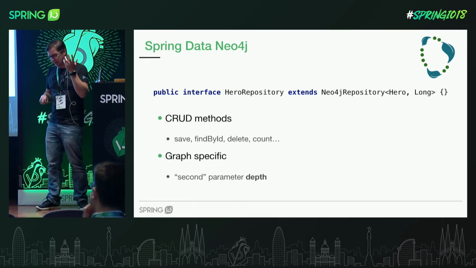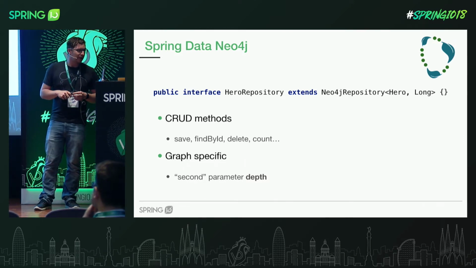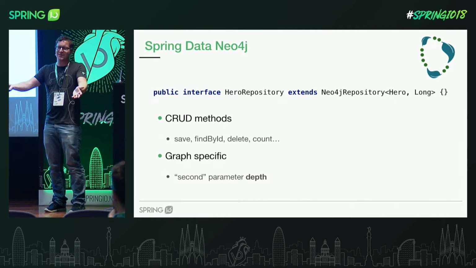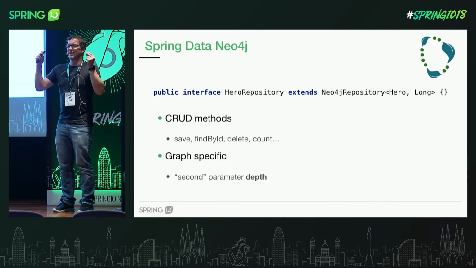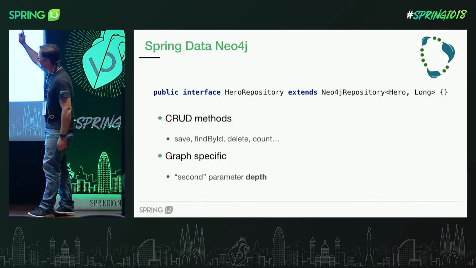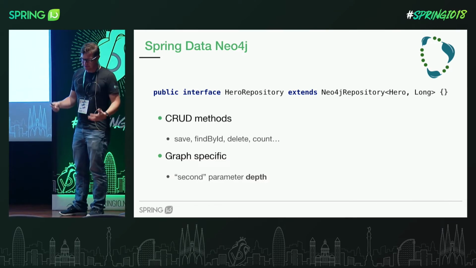So this is a typical Spring Data Neo4j repository. Who never used Spring Data before? Great, okay, so one person. We derive from a Neo4j repository in this case.